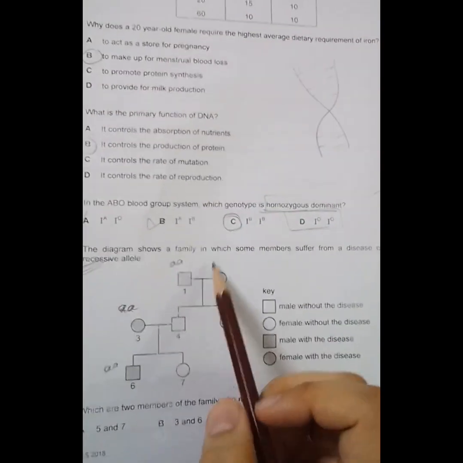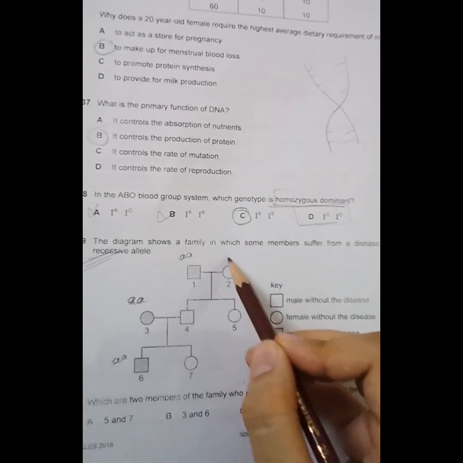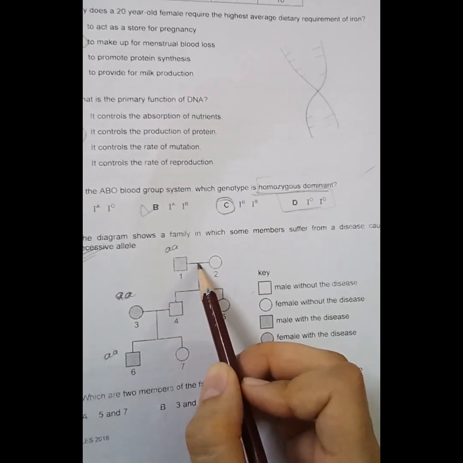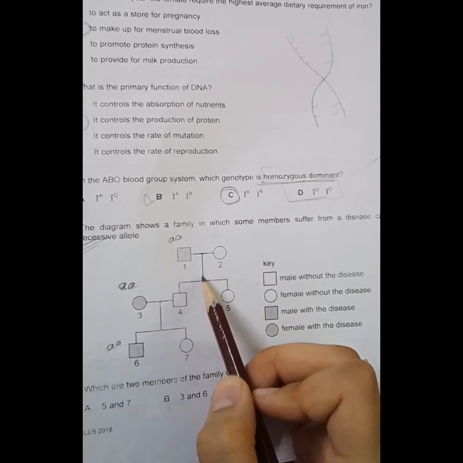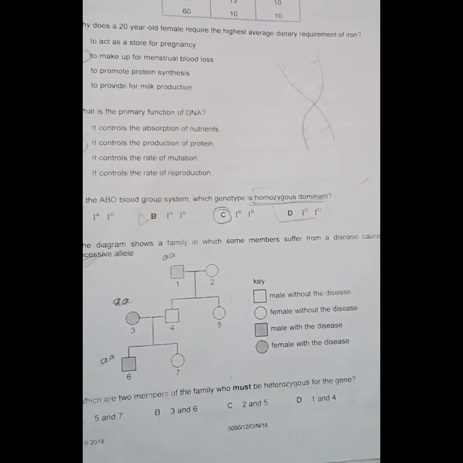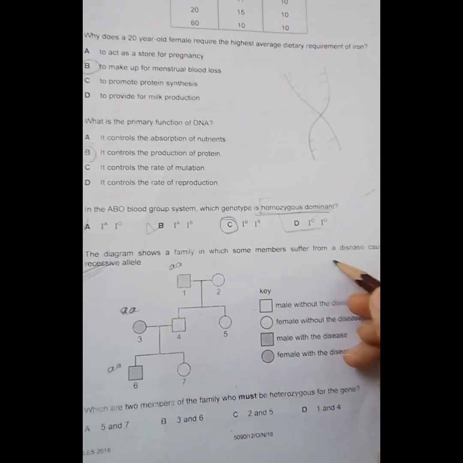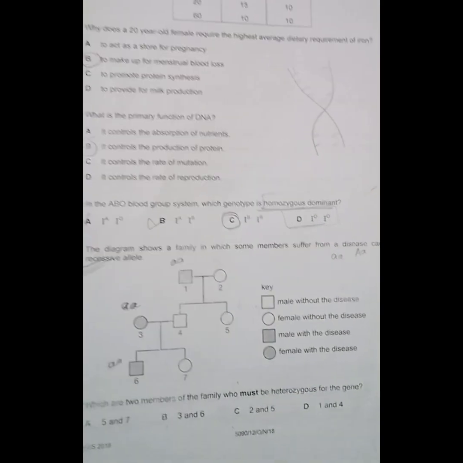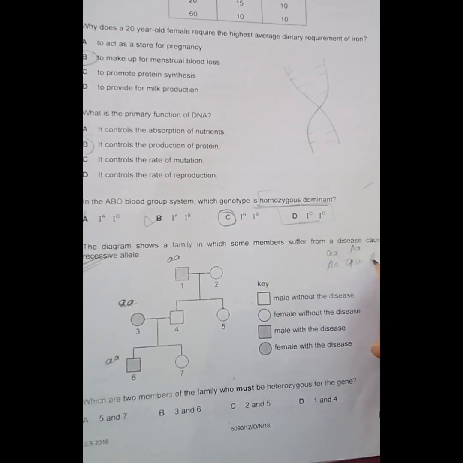Now, what about these? You must be wondering, what do we write? I don't know. Let me tell you. You can see the offspring produced from these two are both white. That means both of them are without the disease. So we have to come up with something. Let's start off with Aa and Aa.